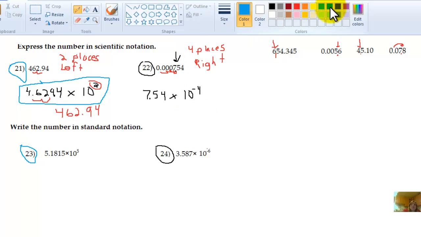And again, this is your answer, and remember you can put it back whenever you have a negative. You move the decimals to make the number smaller, and if we moved it 4 places over, we would get back our number.